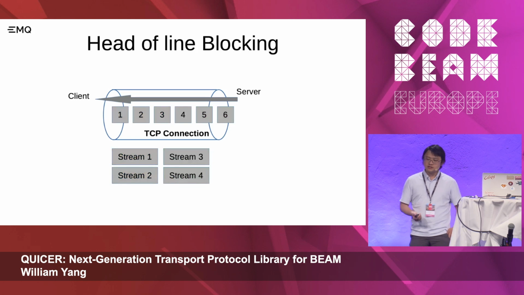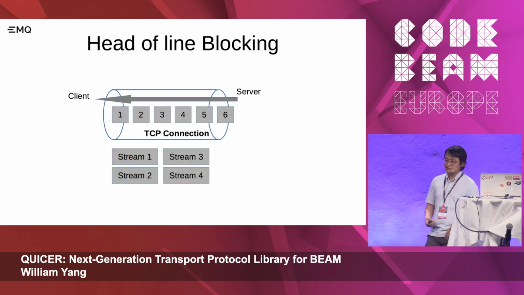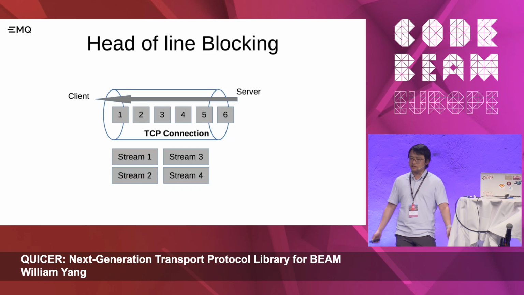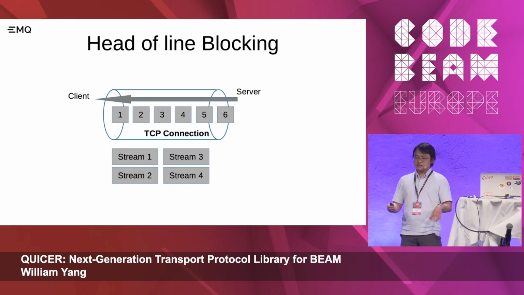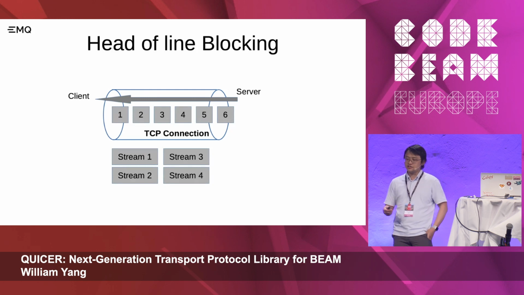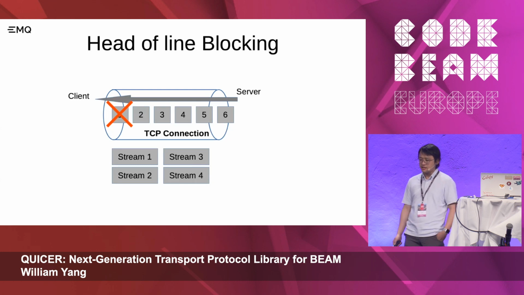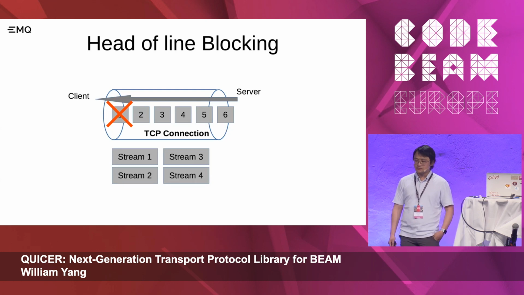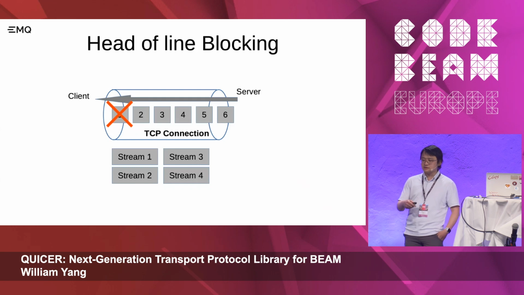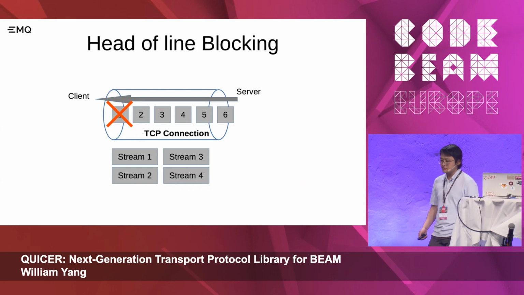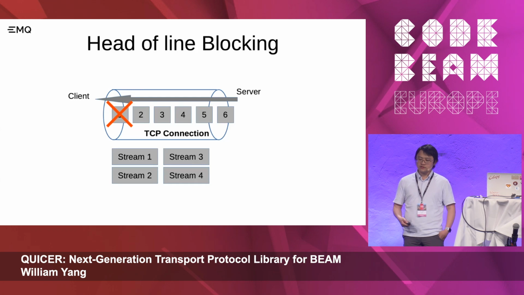But TCP is kind of blind to these colors. It doesn't know what they are, and since TCP has the nature of ordered delivery, once one packet or one frame is lost, it blocks the entire connection, especially when you can't recover it. Because TCP also has an issue trying to recognize whether it's lost or not.